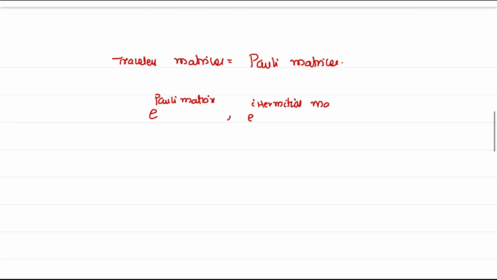They are Pauli matrices. If I want to define e to the power of a Pauli matrix, or e to the power of i into a Hermitian matrix, and e to the power of any matrix for that matter, A.